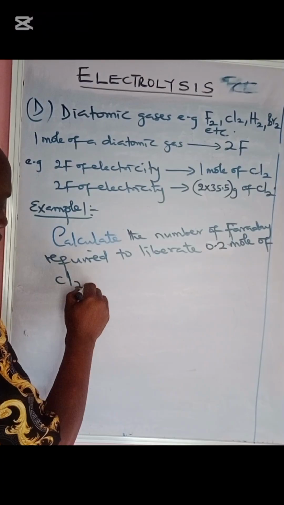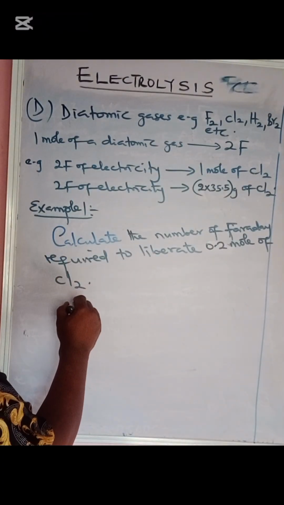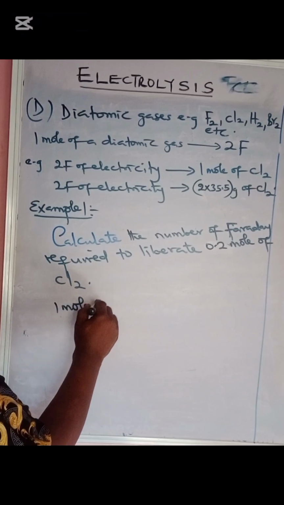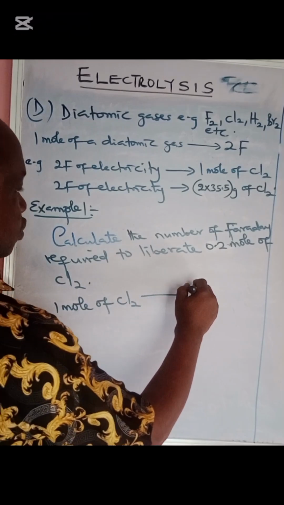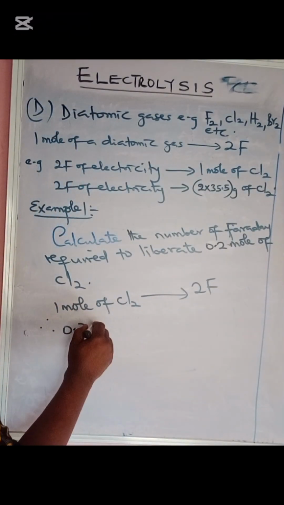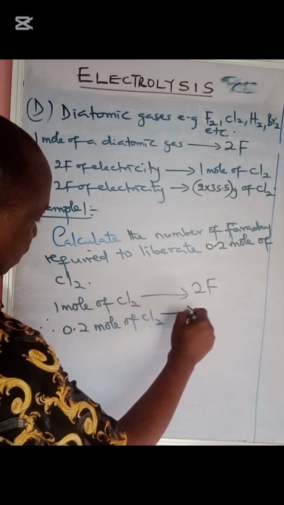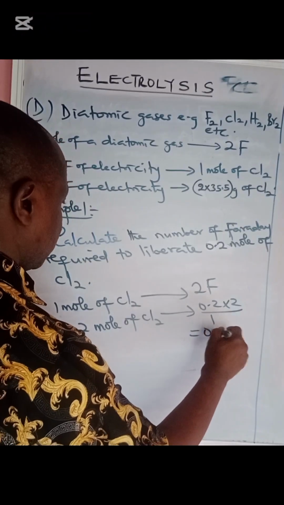As we know, 2 Faraday or 1 mole of chlorine gas will require, therefore 0.2 mole of chlorine gas will require 0.2 times 2 divided by 1, so the answer is 0.4 Faraday.